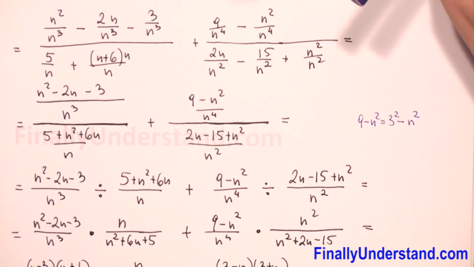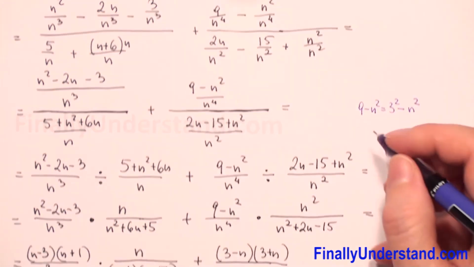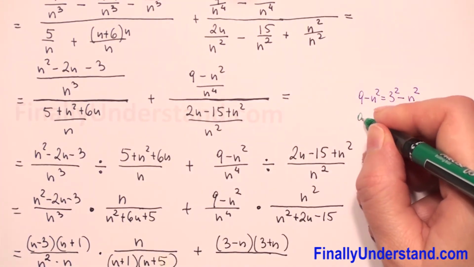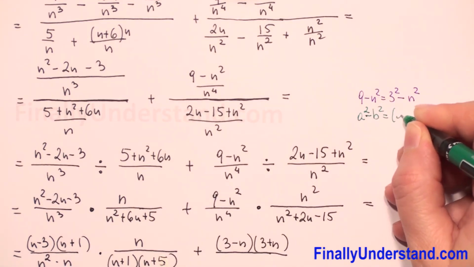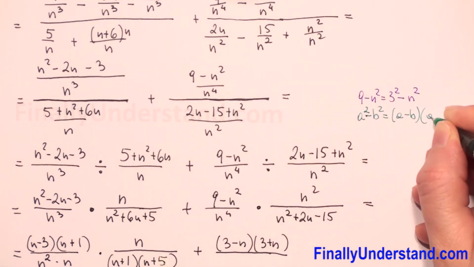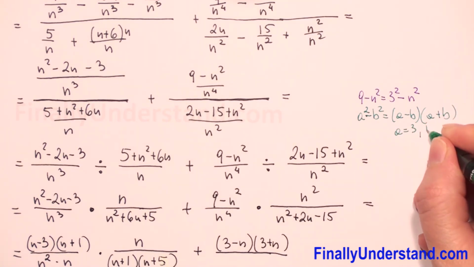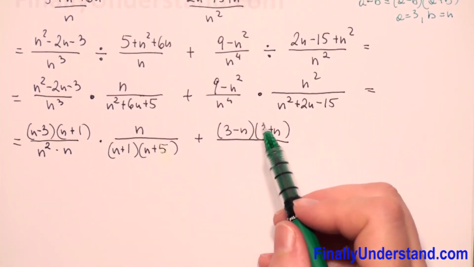So this is difference of two perfect squares. So I can use formula that a squared minus b squared is equal to a minus b times a plus b. In our example a is equal 3 and b is equal n.